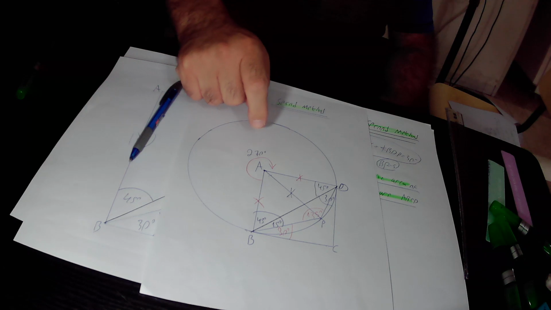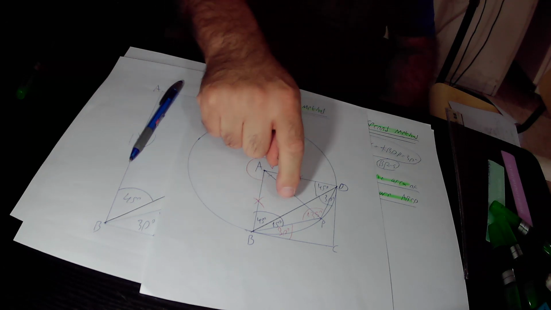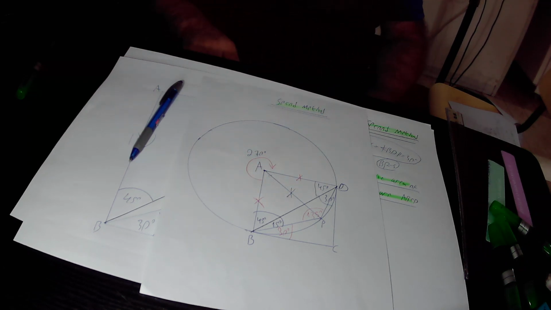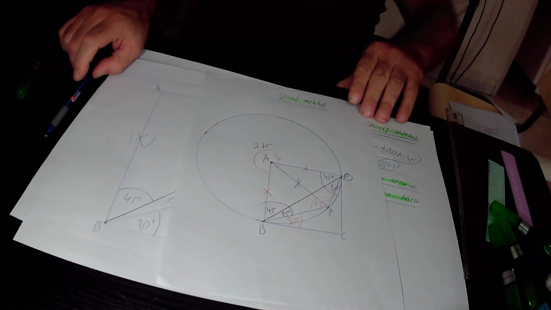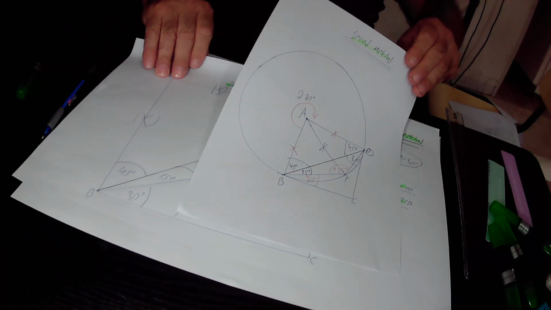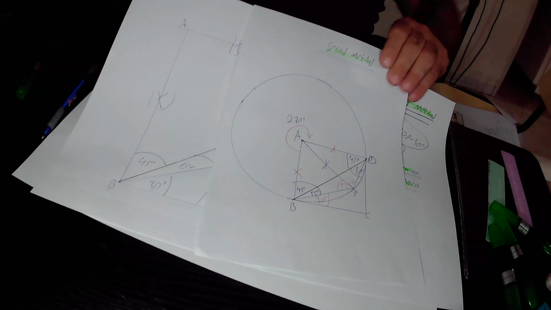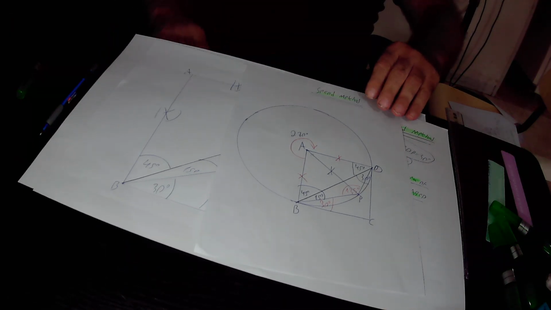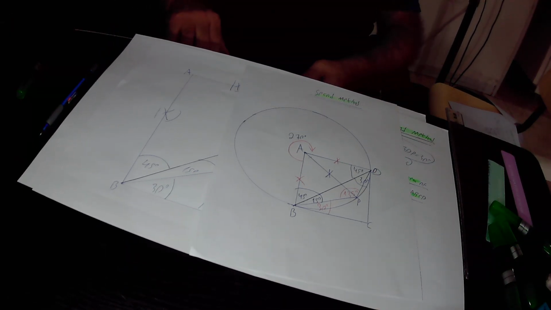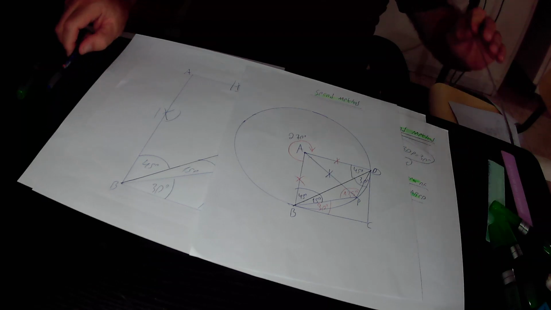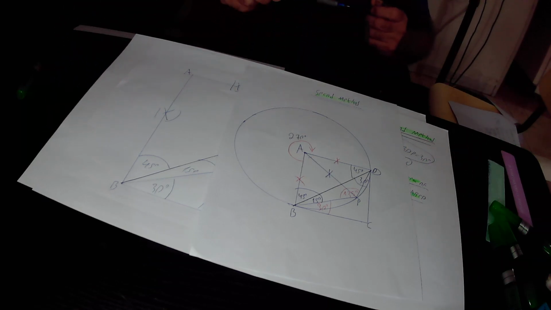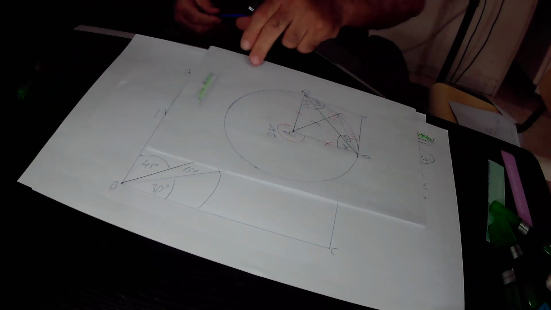In the next step, we'll copy triangle ABP to a new page and analyze this triangle ABP.